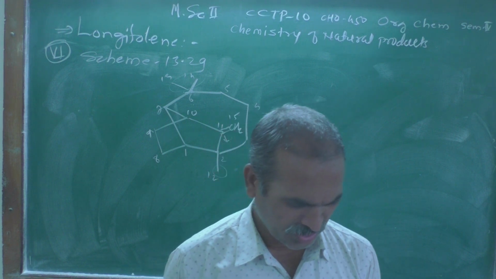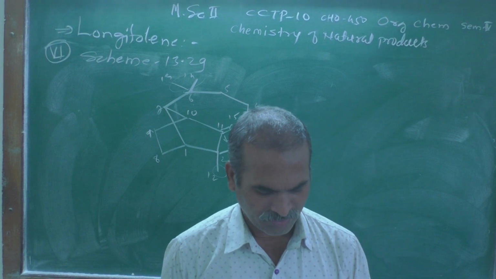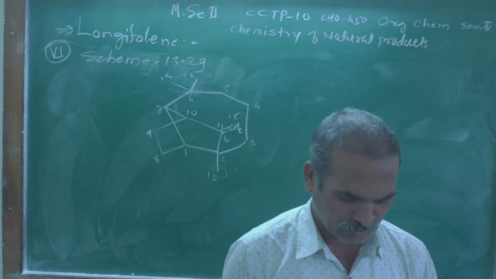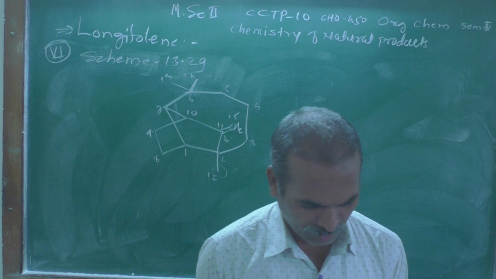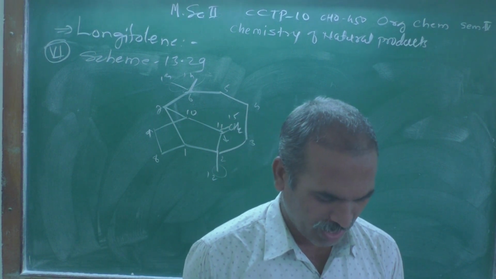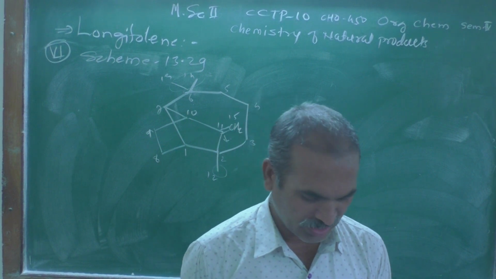This synthesis is an interesting way of introducing the geminal dimethyl group, proceeding through a cyclopropane intermediate that is cleaved by hydrogenolysis using H2 in the presence of palladium on charcoal.